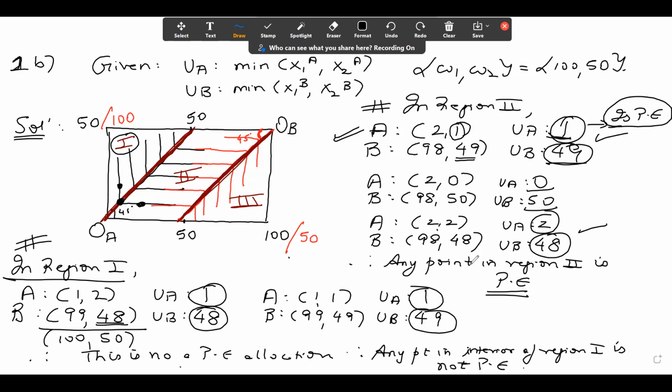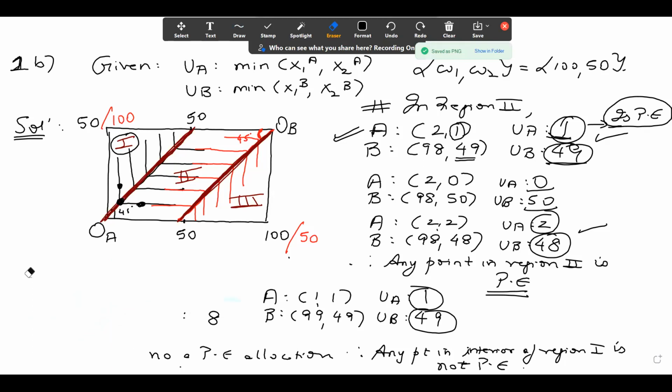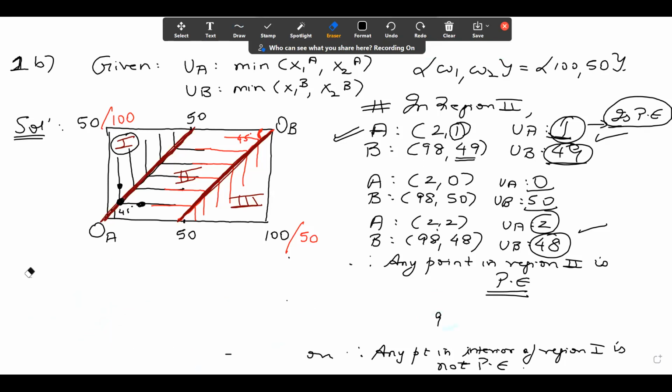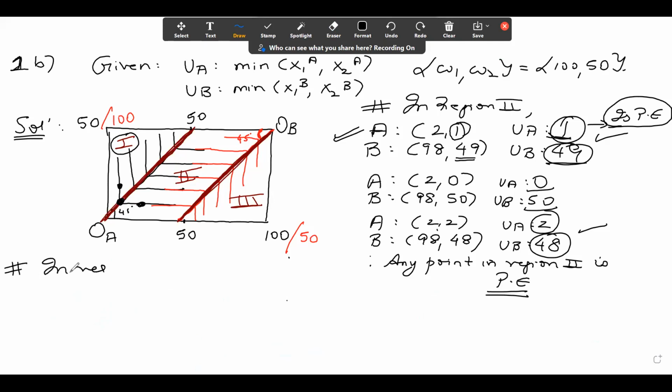Okay, take any point in region 3. I erase this particular part off. Let's take up a point in region 3 and verify whether it's Pareto efficient or not. In region 3, if you turn your pages to B's origin, from B's origin this will be 1, 1.